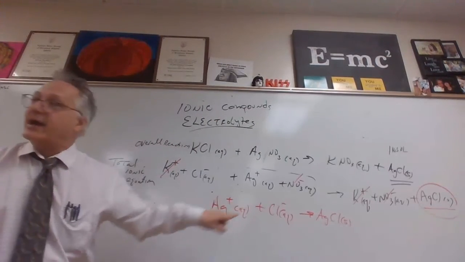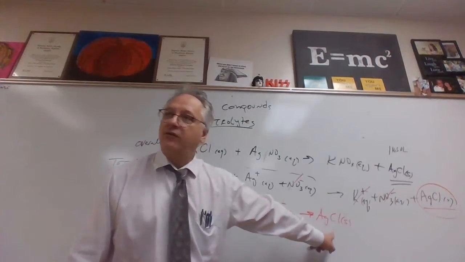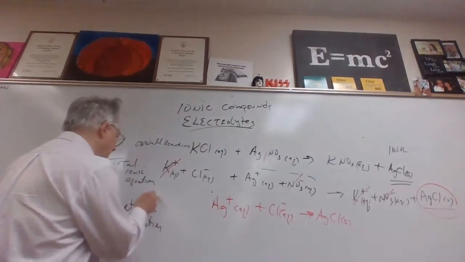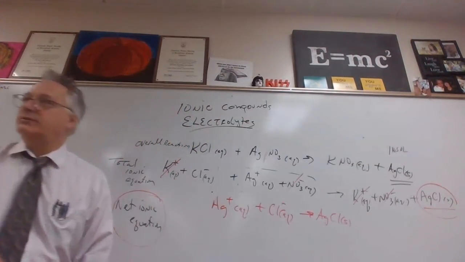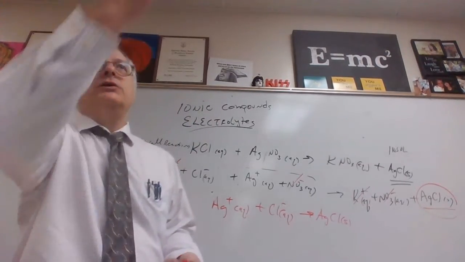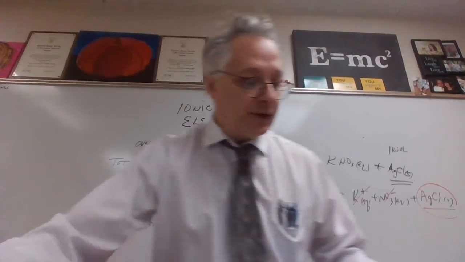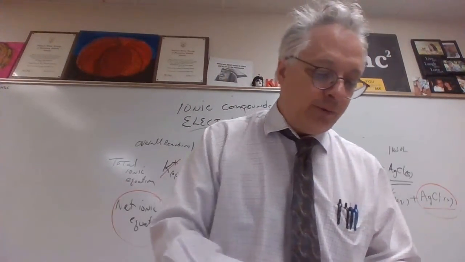So this little reaction here that just shows the two things that react to form a solid, this is called the net ionic equation. So that's what the goal is, to be able to use your solubility chart and predict products for an equation. That's what we're going to do, and we'll spend some time doing that.